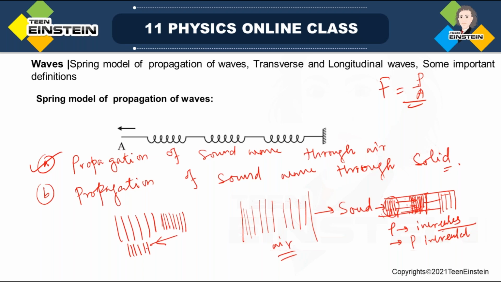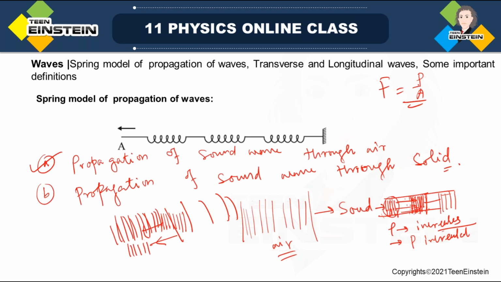So rarefied or compressed. When the air column is rarefied, the air molecules compared to the other region of the air will come to this side and this will get compressed, whereas the other will get rarefied.